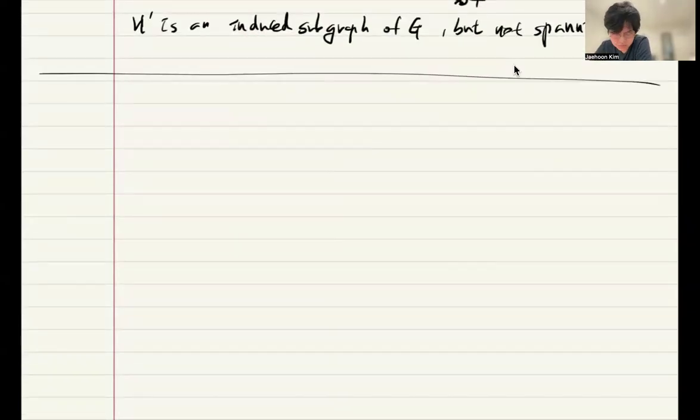There are some basic graphs which will make our life easier if we define them and give them names.